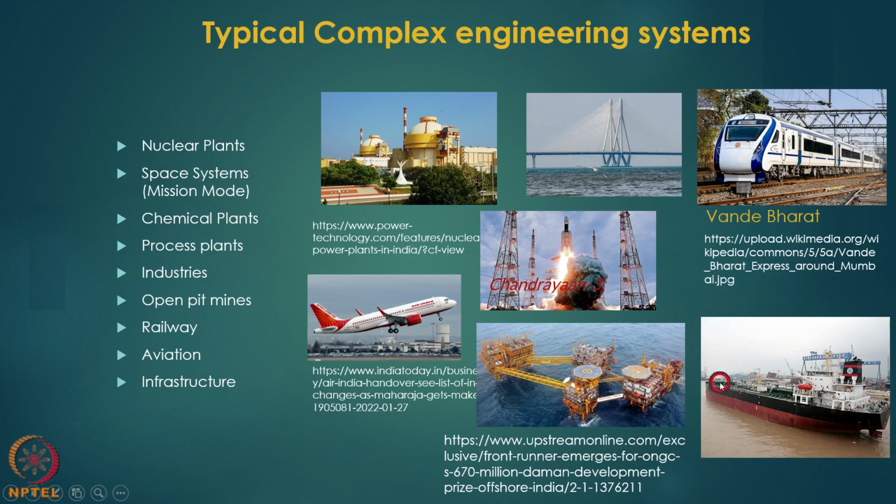There are many more; I have just given examples. In all these systems, taking care of safety is very important while meeting the designated target. Like this nuclear power plant, the targets are electricity generation, production and supply, and the societal purposes are met through the bridges in the public domain.